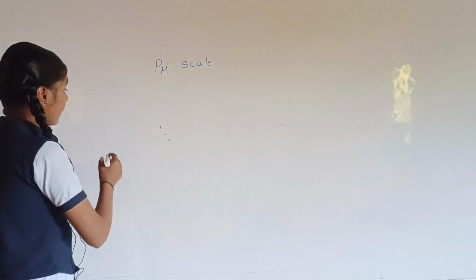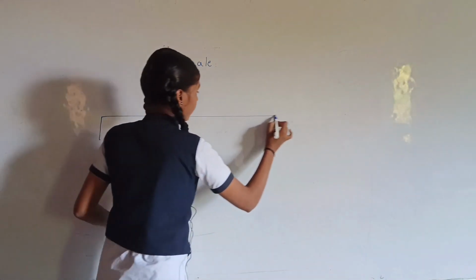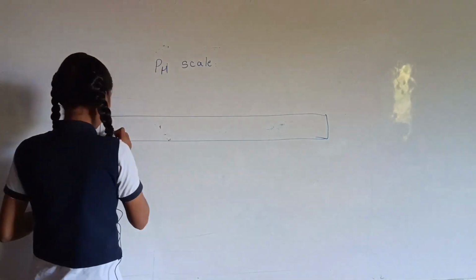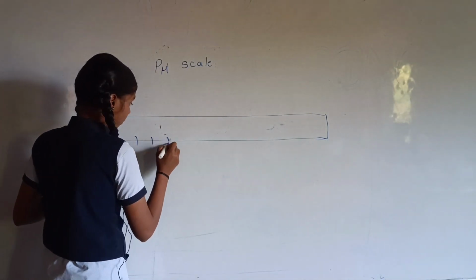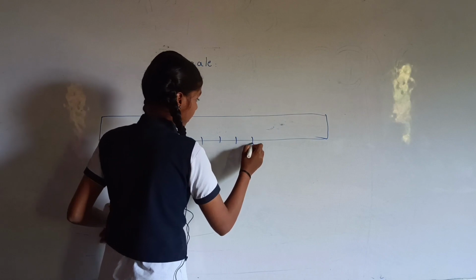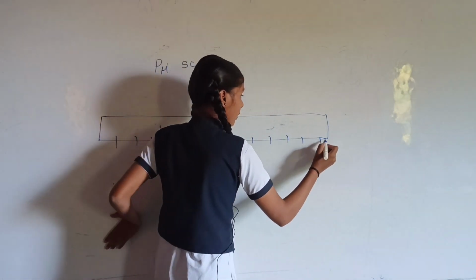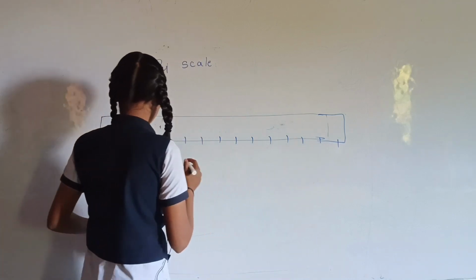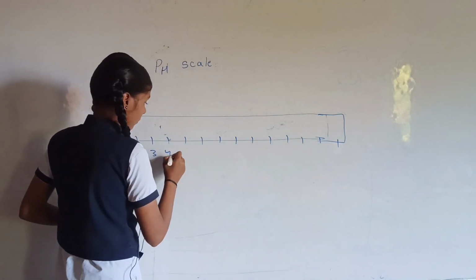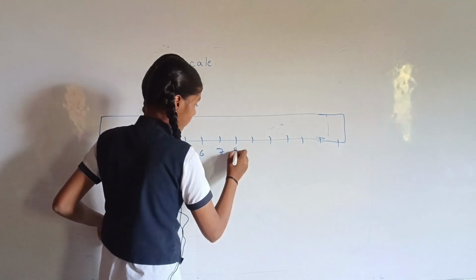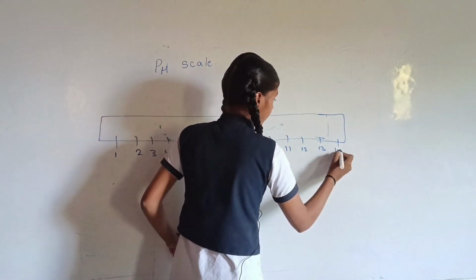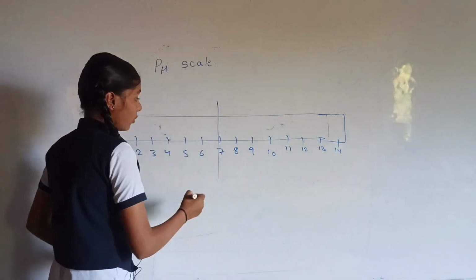So we will study the scale, and 7 is neutral.